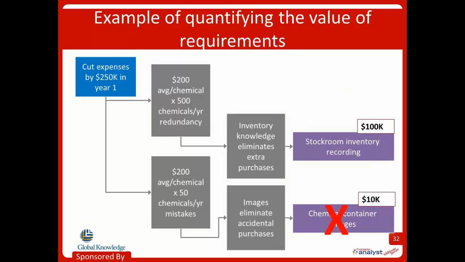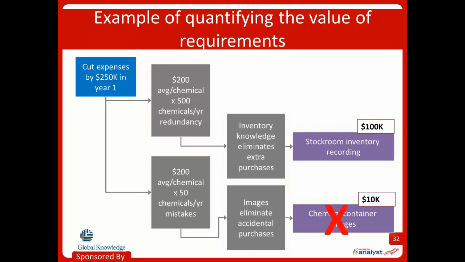So for our chemical tracking system, imagine that we have a few high-level features, things like stockroom inventory recording and chemical container images. Okay, that's underneath that X there. The stockroom inventory recording is what is used so the system knows what's in the actual stockroom, and that can then be compared to what the lab assistants are requesting for chemicals.